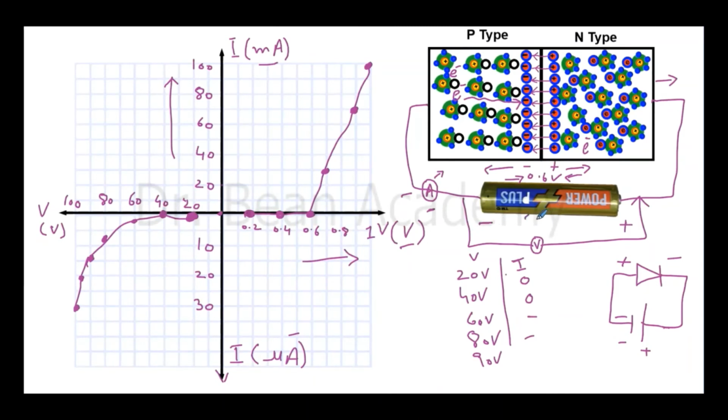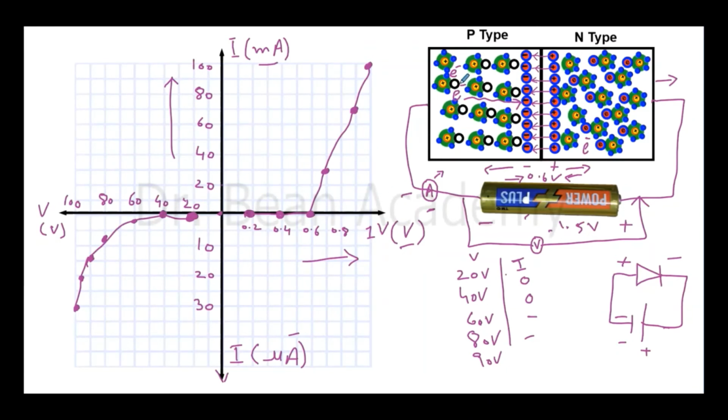Even this simple double A size battery, its actual capacity is 1.5 volts, and it is enough to flow the current. But when I want to use the PN junction in reverse bias mode, I need to apply very high voltage. This battery is not capable, but just imagine that I have another power supply and I am applying the voltages. I started with 20 volts, 40, 60, around 40, 50 and 60 I saw some current flowing.